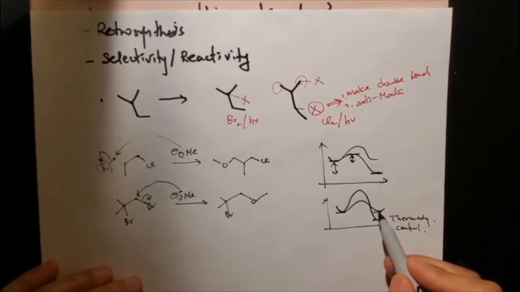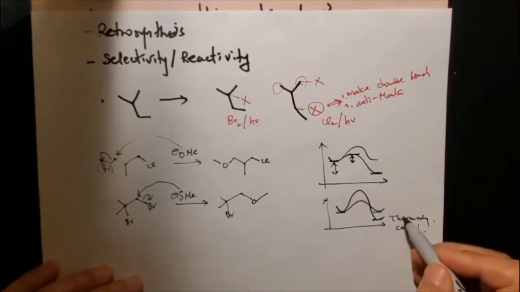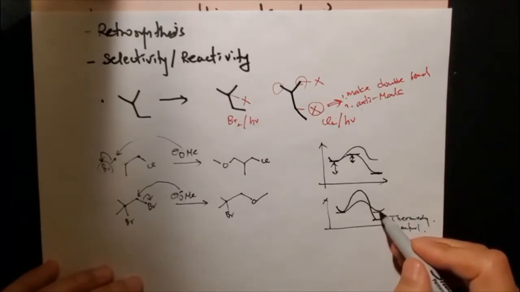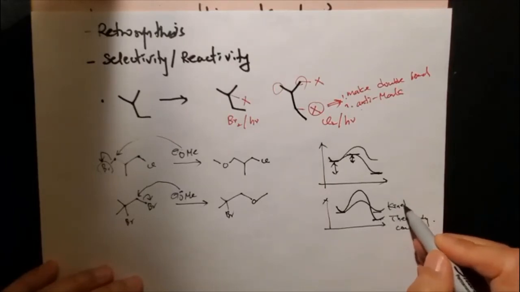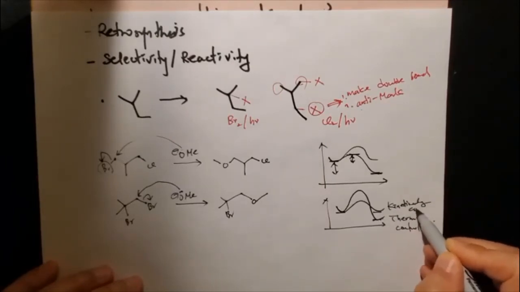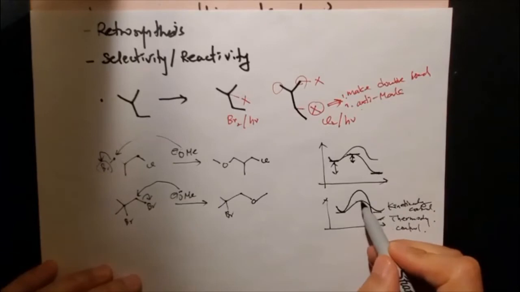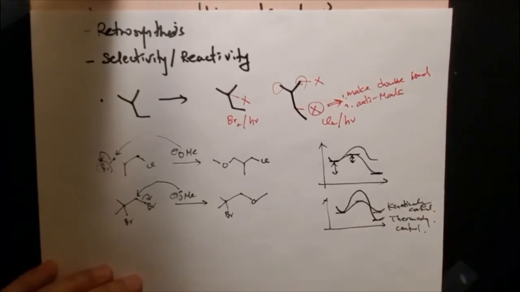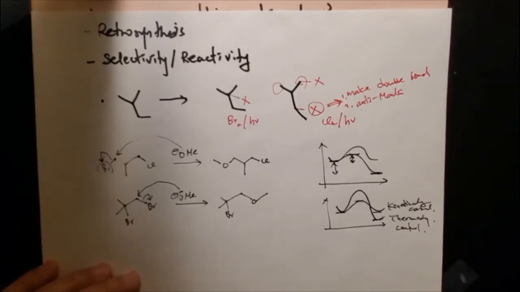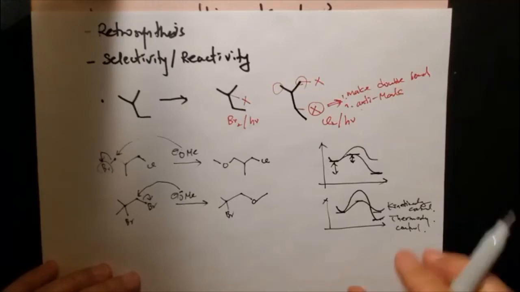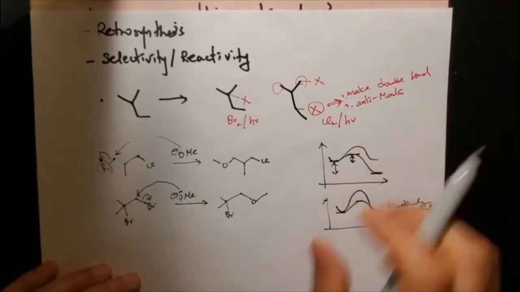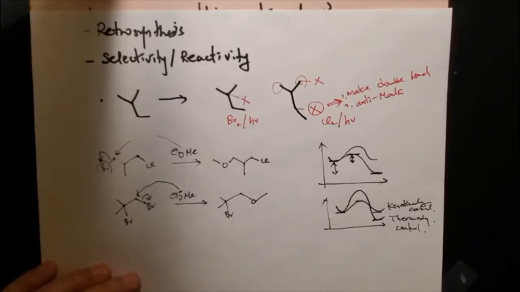The other product is not as stable, so usually you don't form as much, but because the activation energy is low, kinetics favors forming this one, so we say kinetically controlled product for this case. So this is the case where you have less steric hindrance, and this is the case where you have the more stable product. So basically you are dealing with these background energies in the reactions.